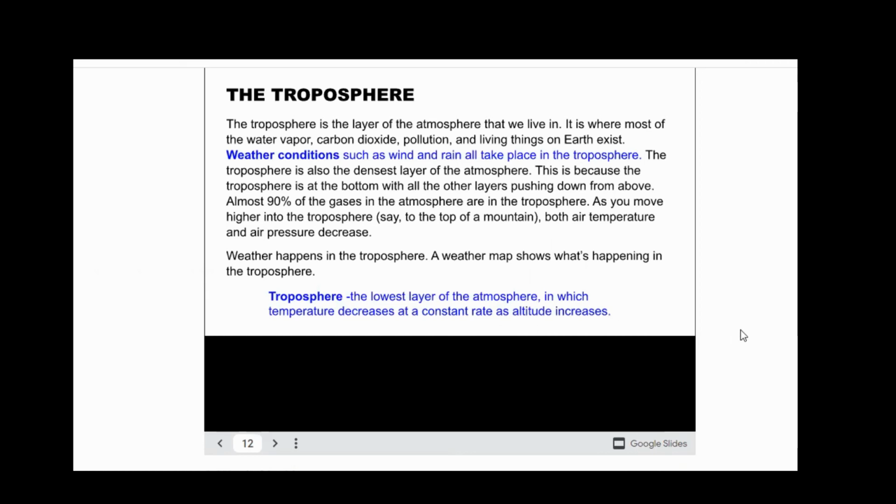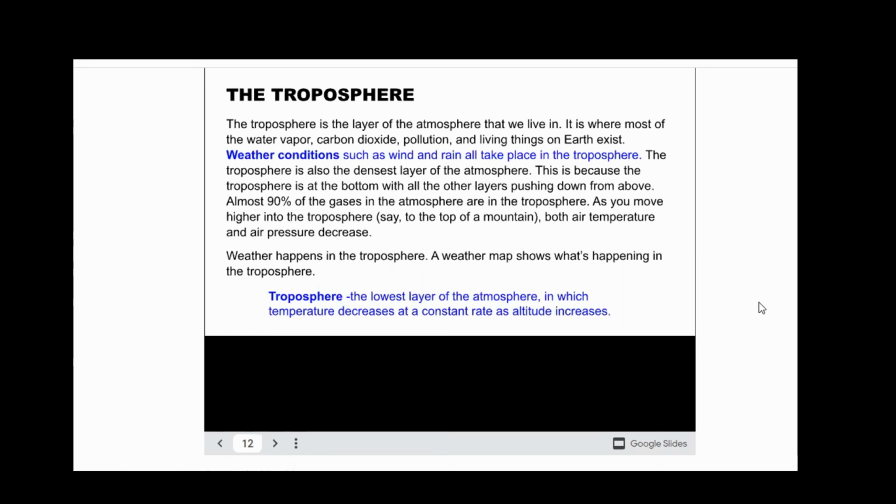As you move higher up, air temperature is going to decrease. Air pressure is also going to decrease because remember that as you get higher, pressure gets lower. This is why people that drive to the top of a mountain, once they get above a certain height, start getting a little bit woozy.